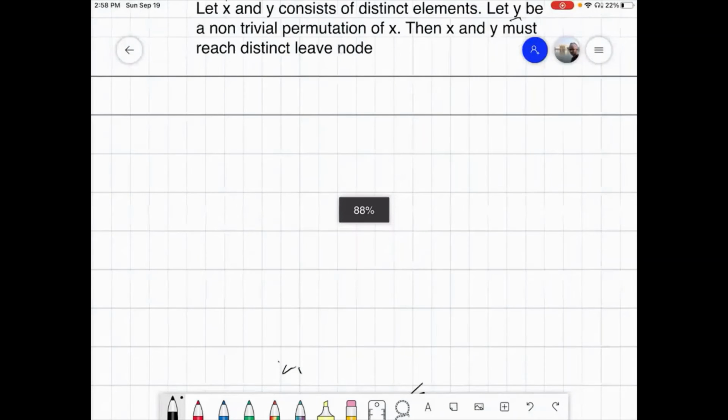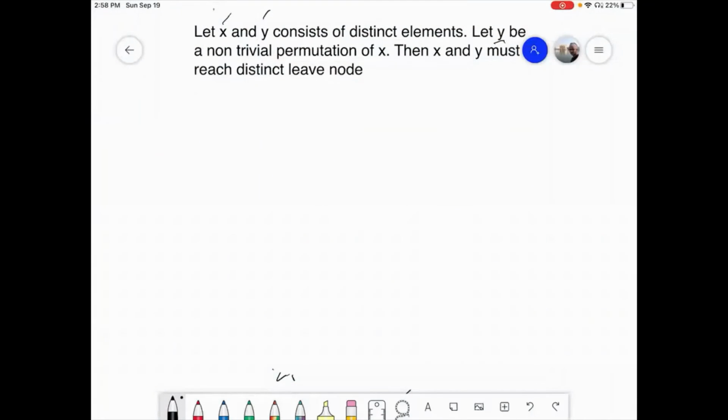We actually prove this claim by contradiction, saying that both x and y lie on the same line, and both x and y lead to the same leaf node. Once we use this claim, we know that R of L is connected from our previous claim.